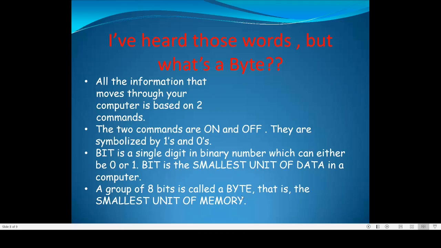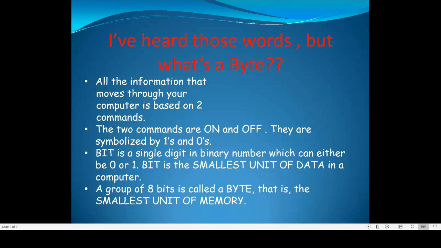Again I am saying, a group of 8 bits is called a byte. A byte is the smallest unit of memory, but bit is the smallest unit of data. So bit means binary digit.